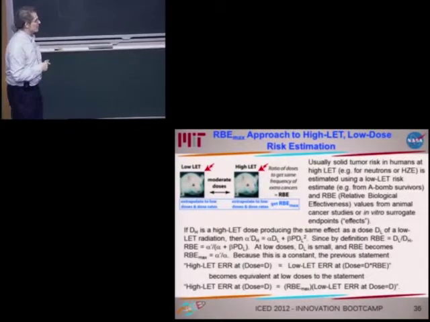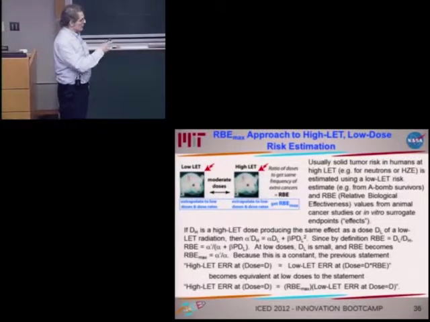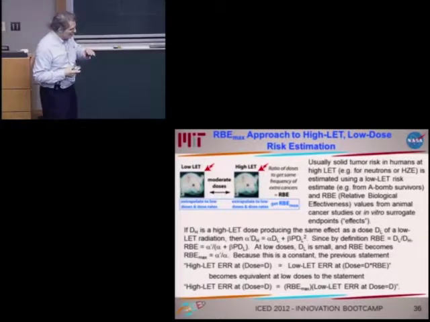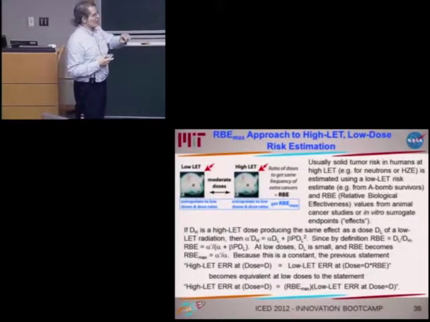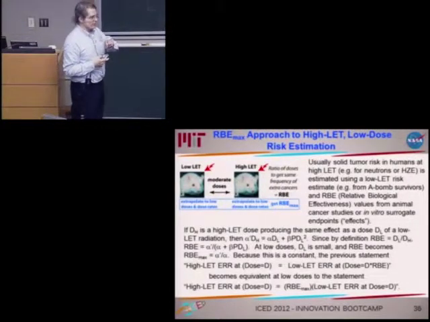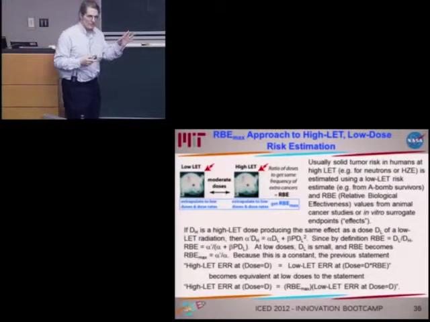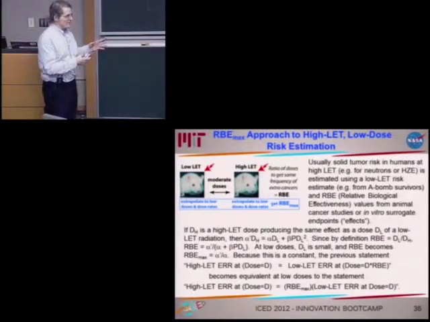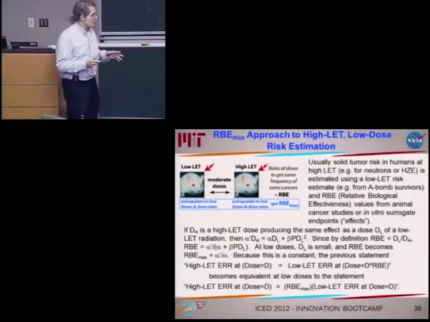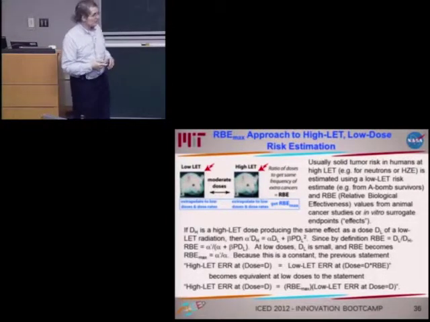So that bottom expression just tells you that if you know the values of the surrogates at a given dose between the low and high LET radiation, you can infer an RBE max, and then from the RBE max, infer from low dose carcinogenesis risk in the low LET realm what it might be in the high LET realm. Is that clear what I'm saying? So you're making a low to high LET conversion of your estimated risk, and that's one way it's done statistically.